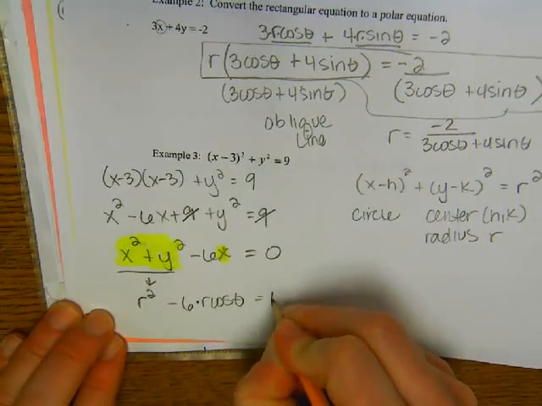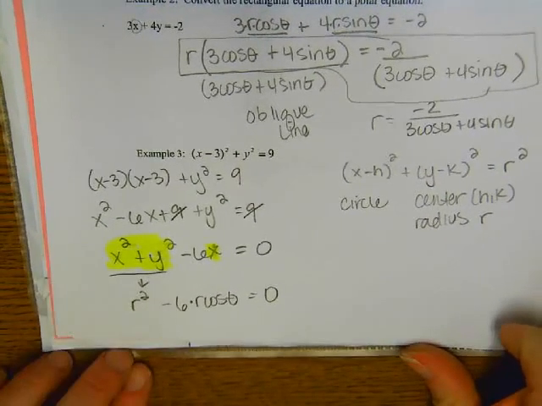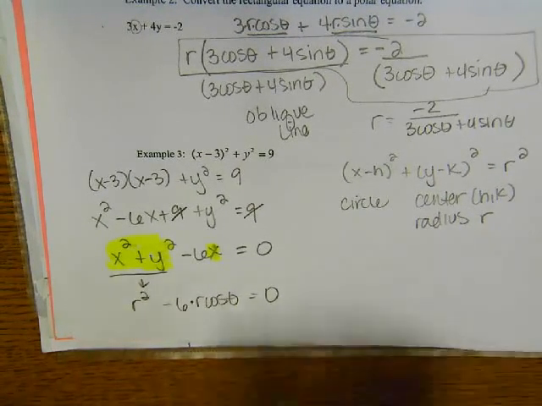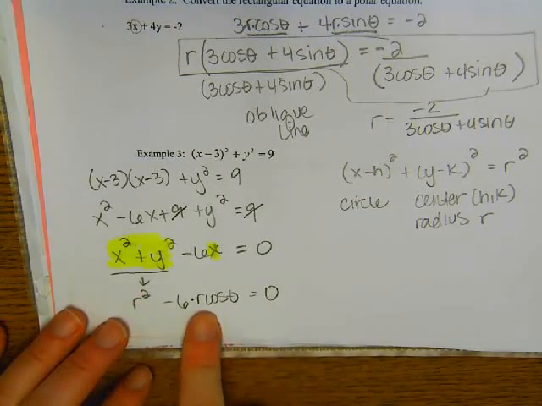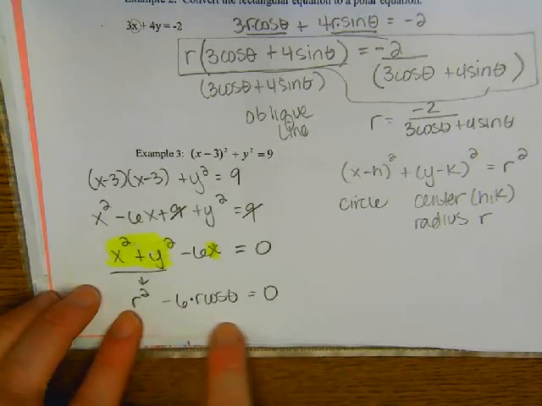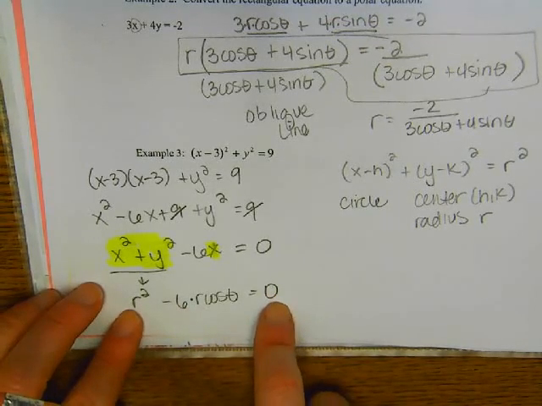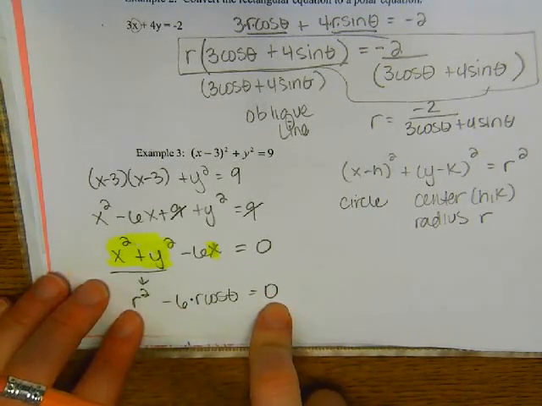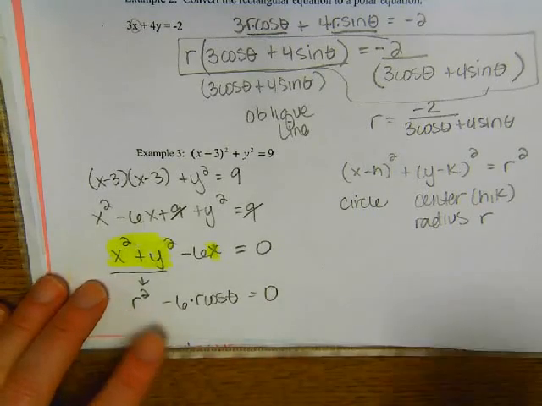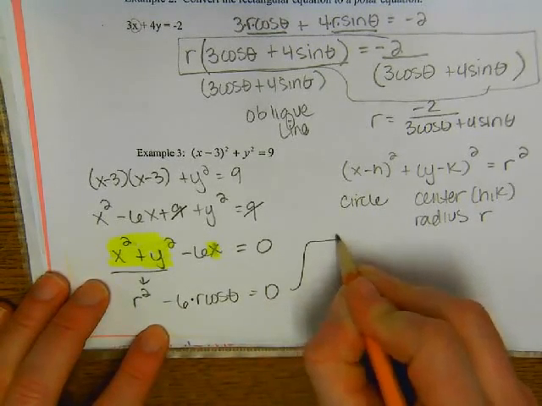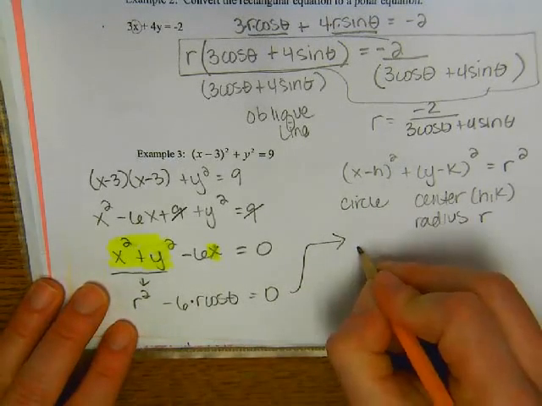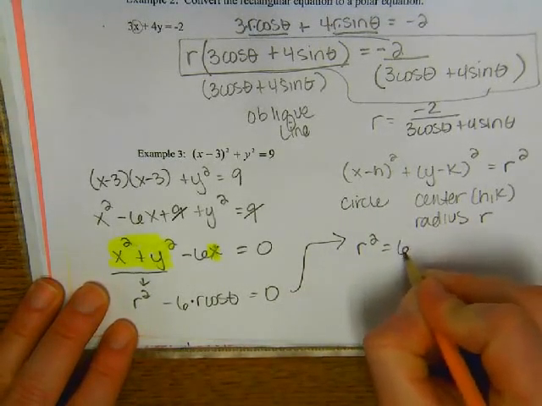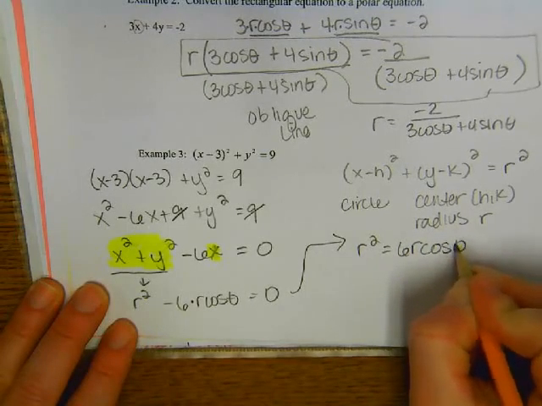Okay. Now this is a little tricky because I have r squared and r again. So what I'm going to do is move this to the other side and divide the r out so I can get r squared to be just an r. If I moved this term to the other side, I would have r squared equals 6 times r cosine theta, because if I added it to both sides it becomes positive.